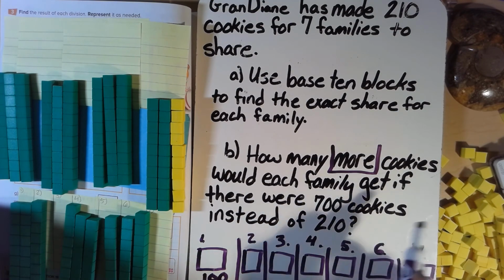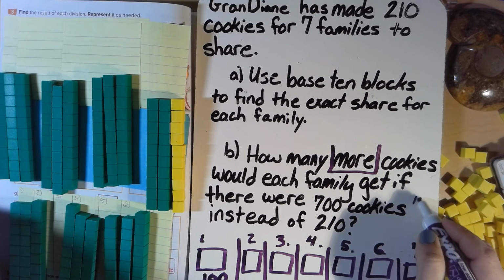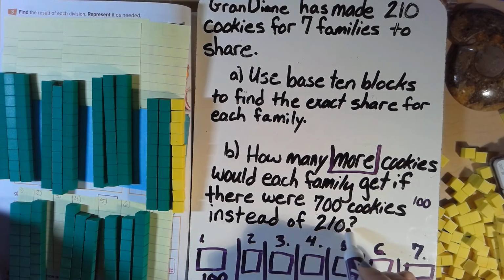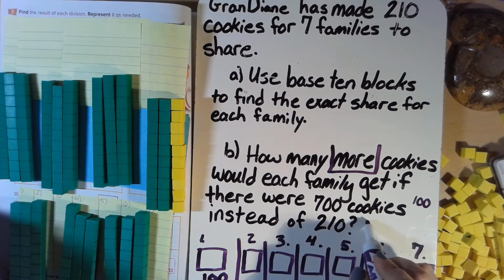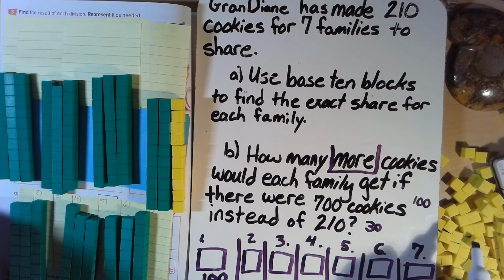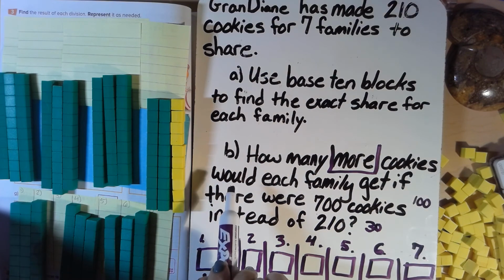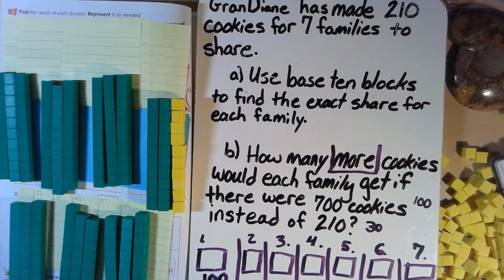So, if I had 700 cookies, each family got 100 cookies. If I had 210 cookies to give out, each family had 30 cookies. The question is, how many more cookies would each family get if there were 700 cookies instead of 210 cookies?